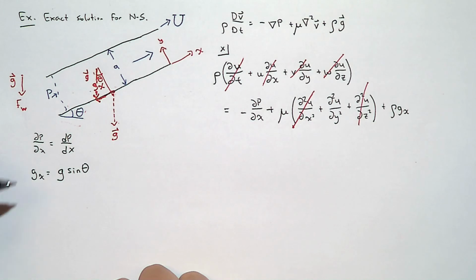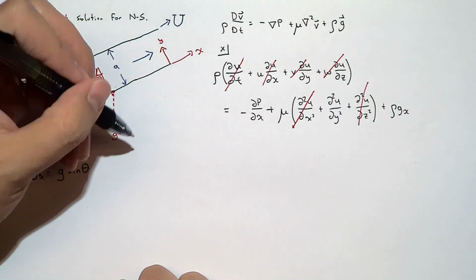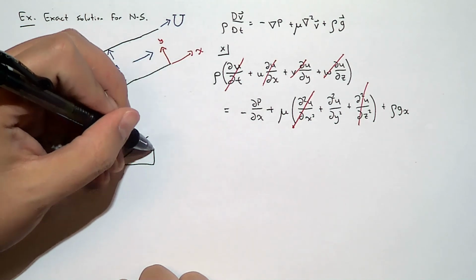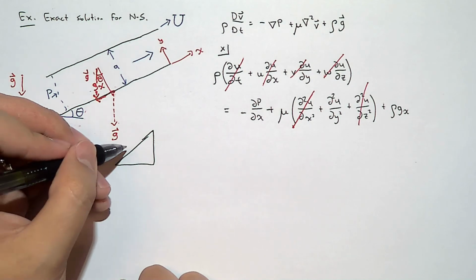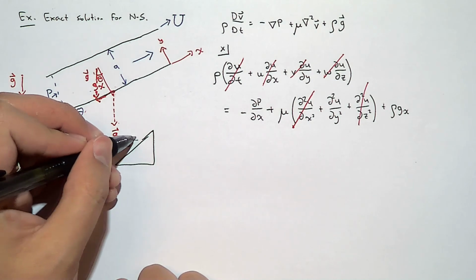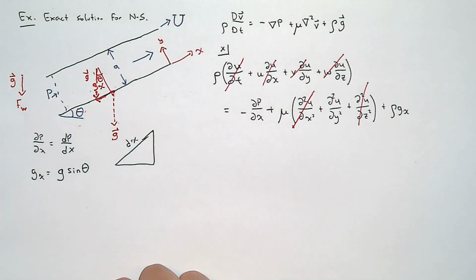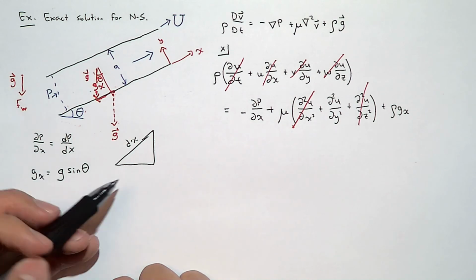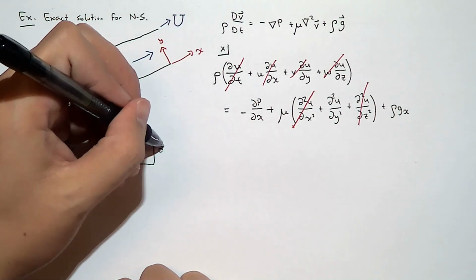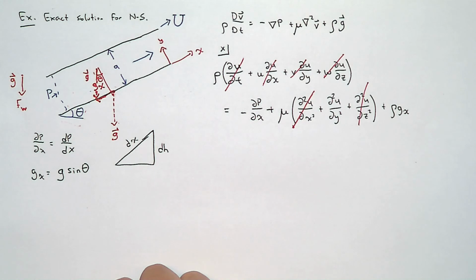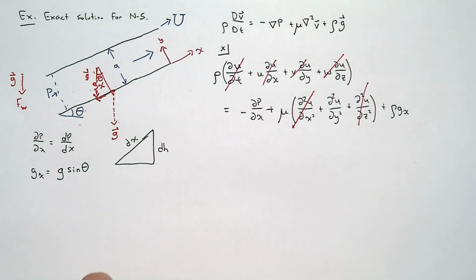But let's take it even further. If I were to look at a right triangle formed by this fluid, I know that for every small change in x, I am moving horizontally by some value, and I'm moving vertically by a value that I'm going to call dh. Now, why am I doing this? Because this body force actually gives me the hydrostatic pressure acting on the fluid. And you'll see how in a second, right?